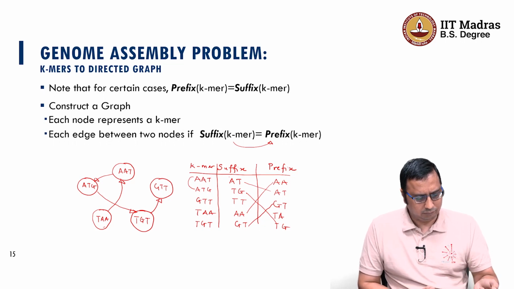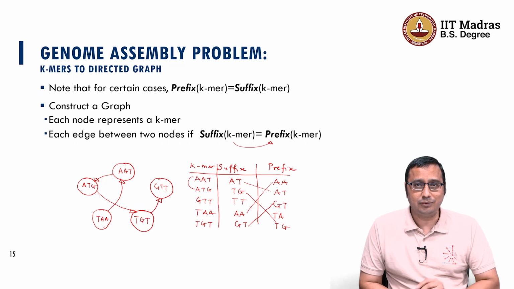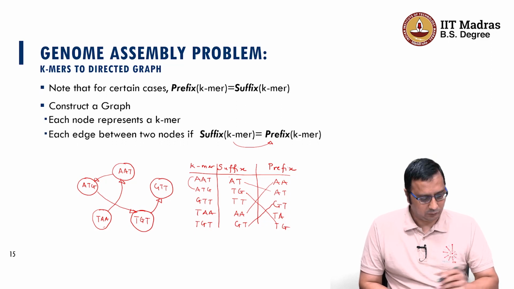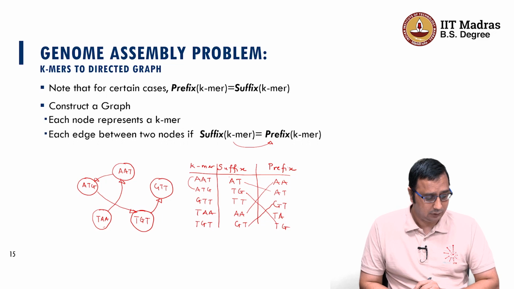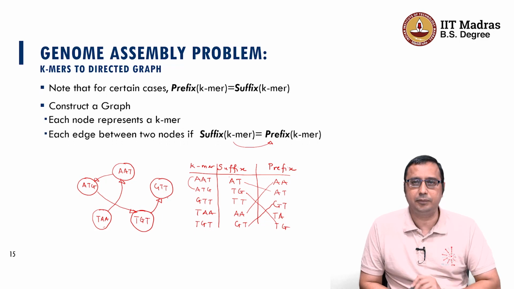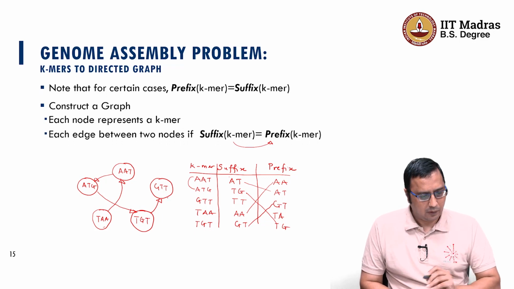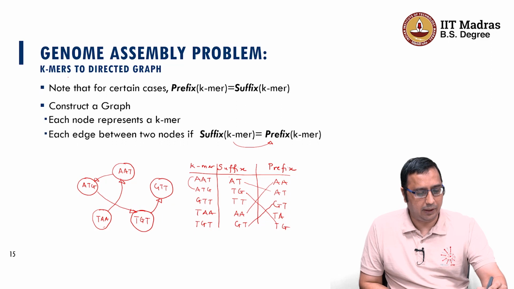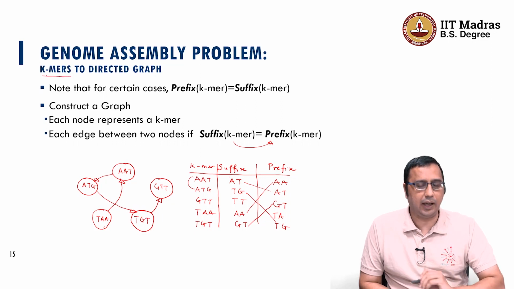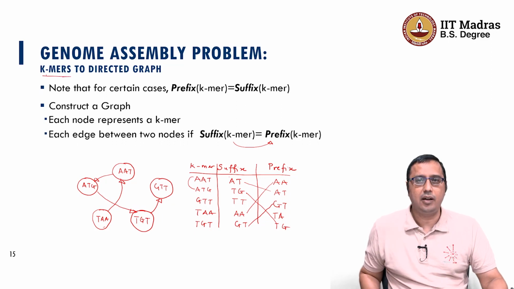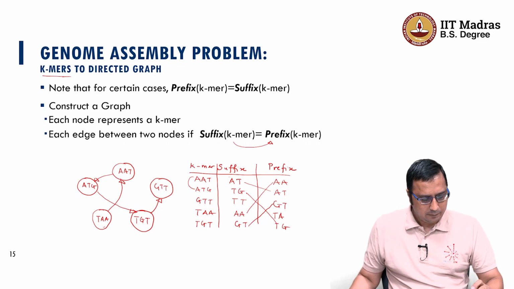Now, I have a graph and there is a direction to it, and I am going to follow this direction. So what we can do is start from the k-mers and create a nice graph out of it.